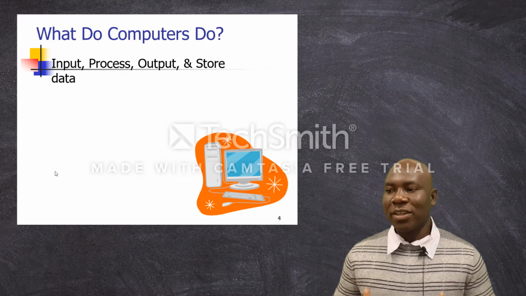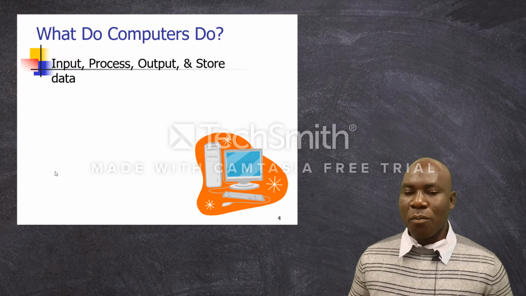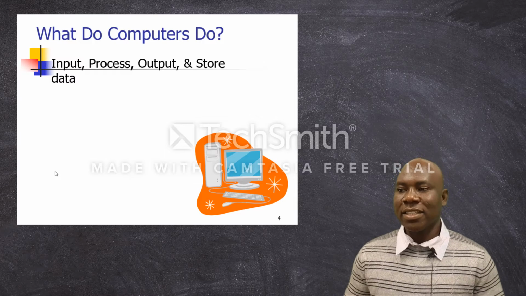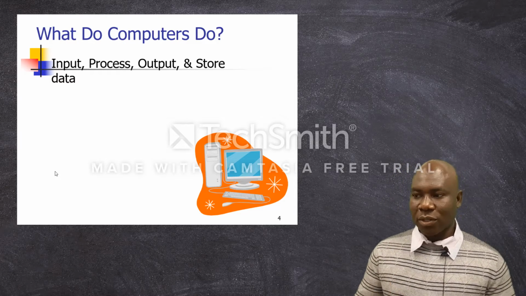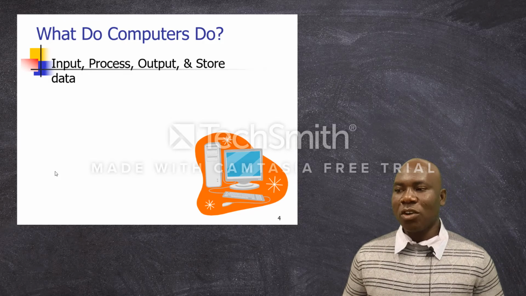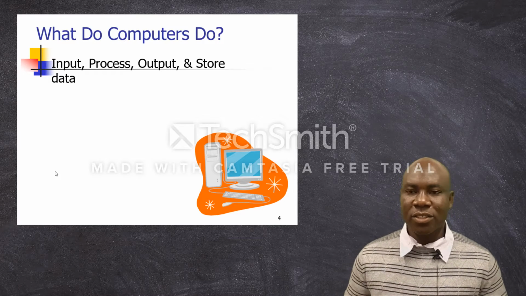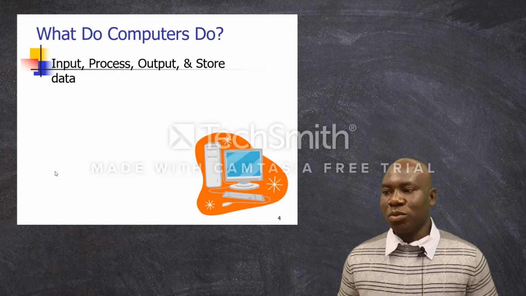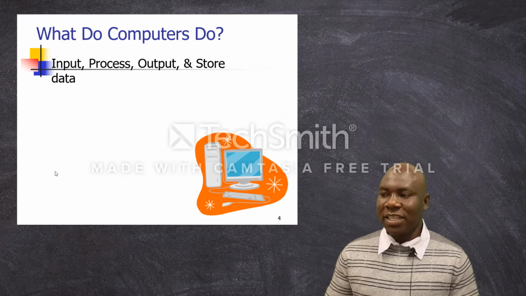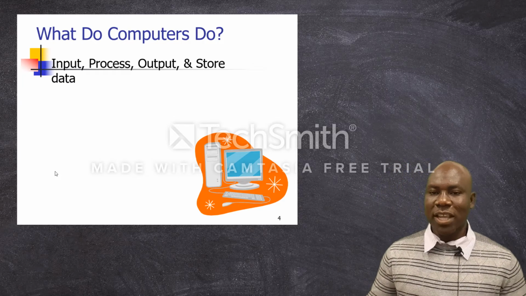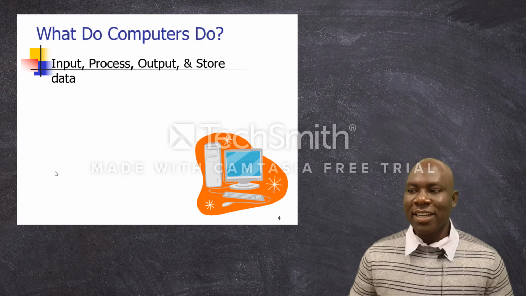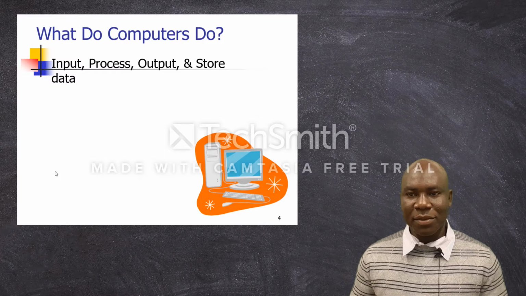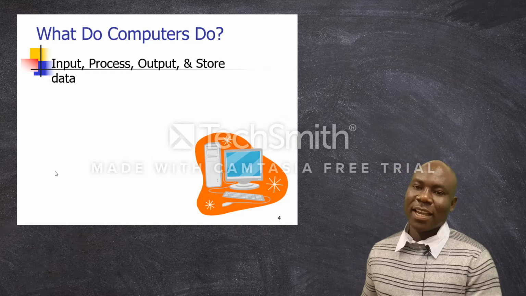The computer does four basic things: it accepts input, it does processing, it produces output, and displays or stores the output. When we say garbage in, garbage out, we mean that whatever garbage you put into the computer that it doesn't understand, it will process and bring back that garbage to you.